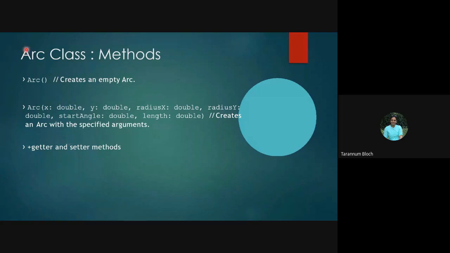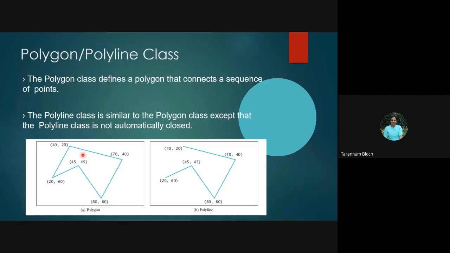So this is the way we can go with the creation of arc. Either we can go with the empty arc by calling the default constructor, or we can specify the x, y, radius x, radius y, start angle, length, and then we can create an arc. We created with this constructor, right? And we have getter and setter methods for all these properties.